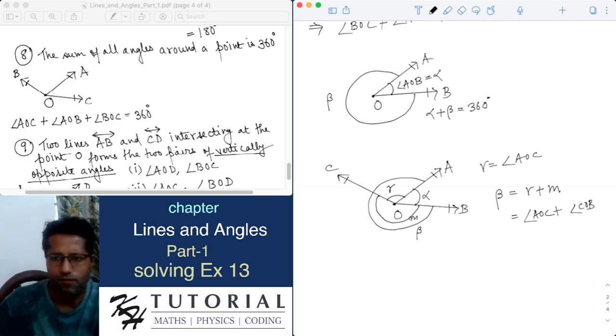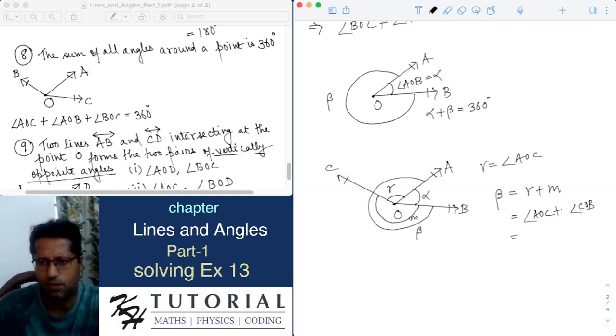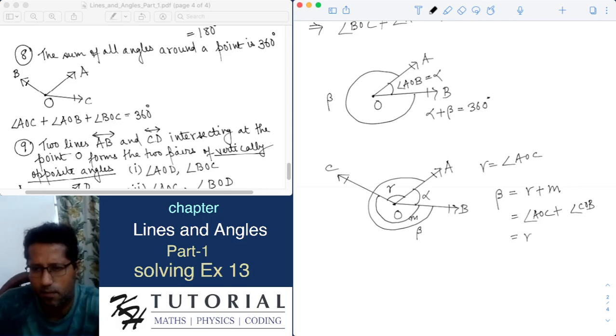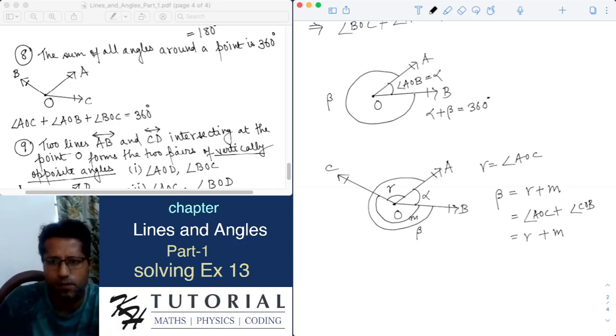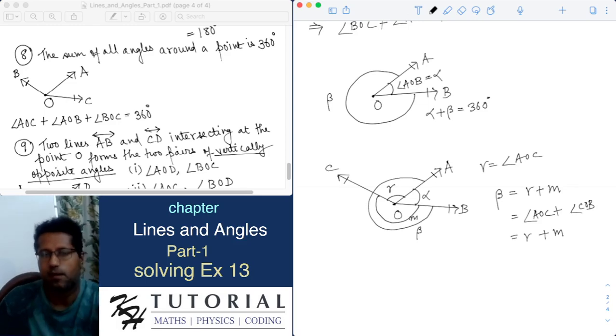So now we will have AOC, gamma plus M. Now the concept is similar to the multiple angles on a straight line on the same side.